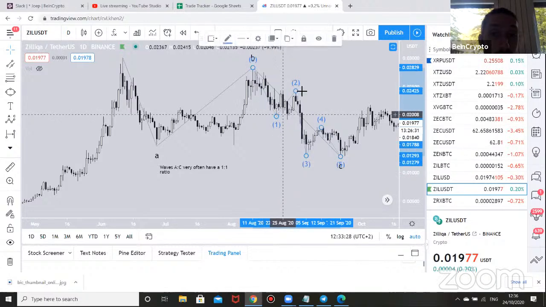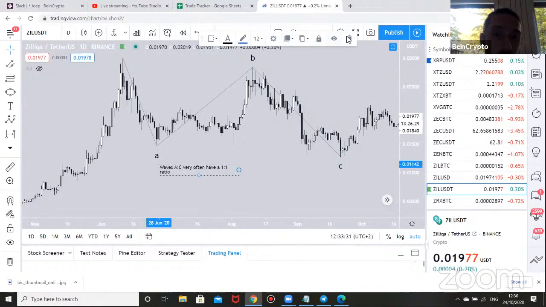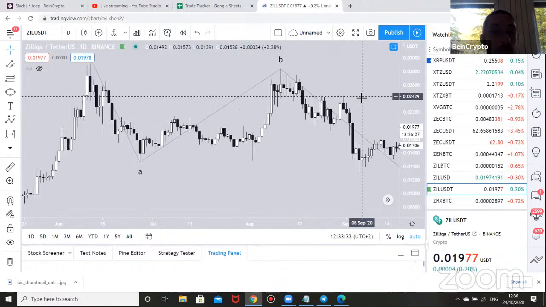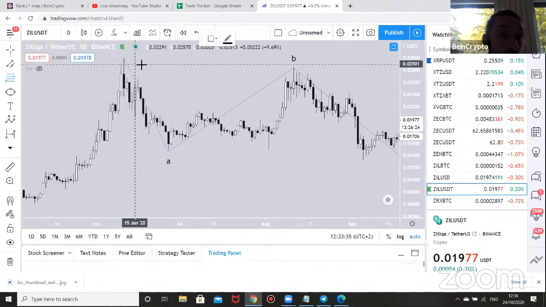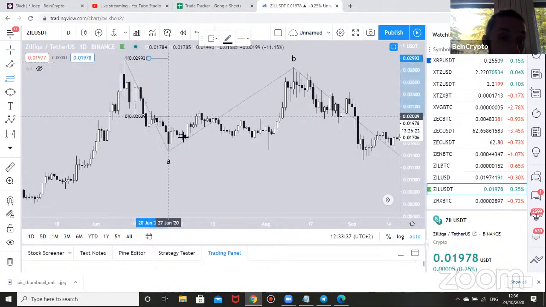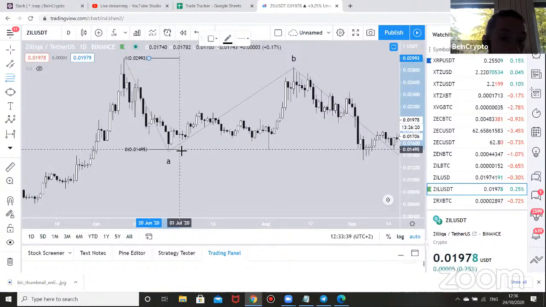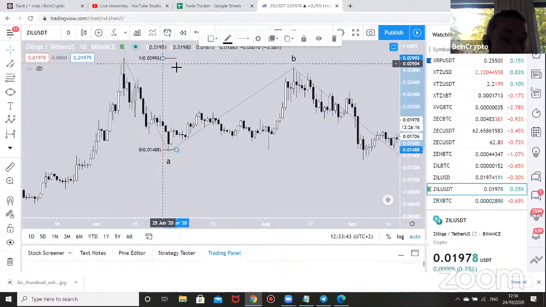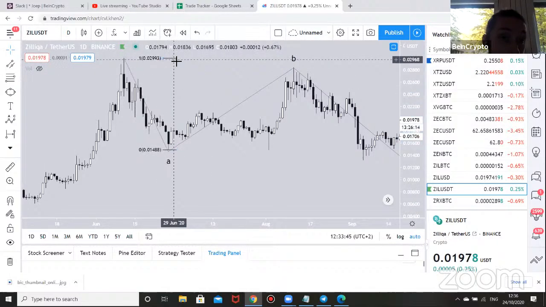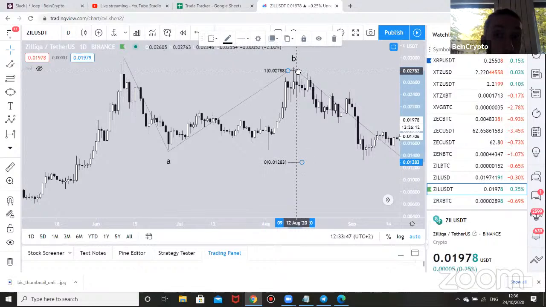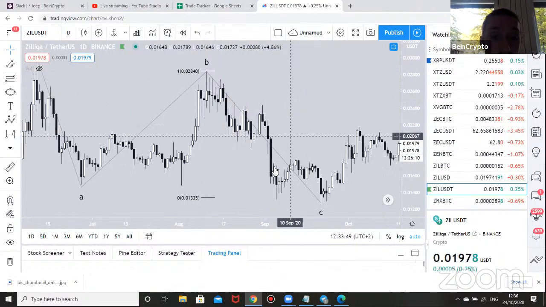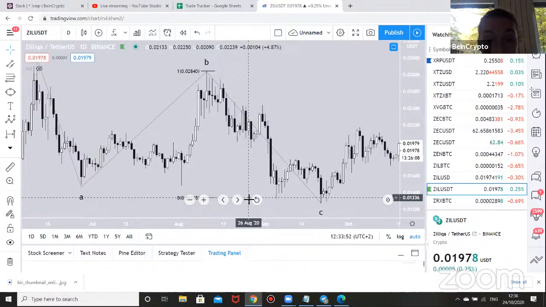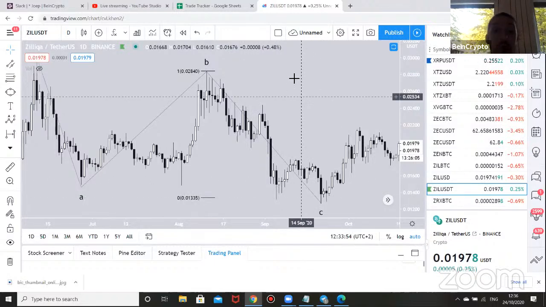So if you're trading this in real time, you take the length of wave A and you project it to the top of wave B, and it was extremely close to giving you the actual low.